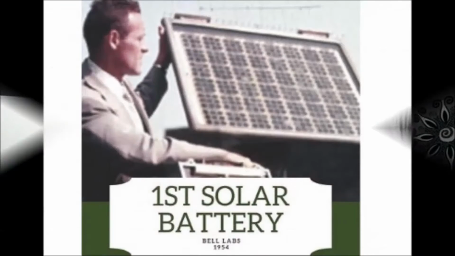The use of solar energy is not new. In 1954, Bell Labs developed the first silicon photovoltaic cell, as solar power began to become a viable source of electricity to power devices over extended periods of time.